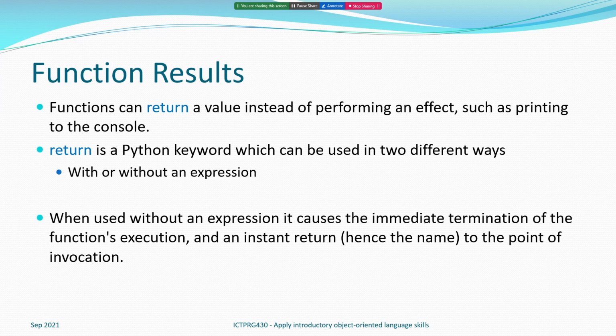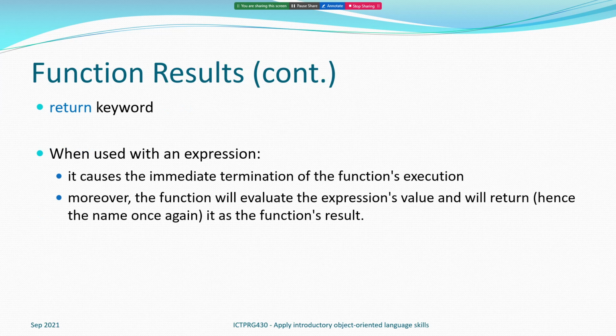Or we can actually return a value that is to be used outside of the function. If we intend on doing that, we need to use the return keyword, and this will terminate the function's execution, so be careful where you place this.